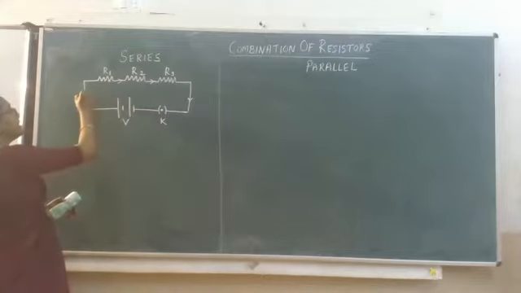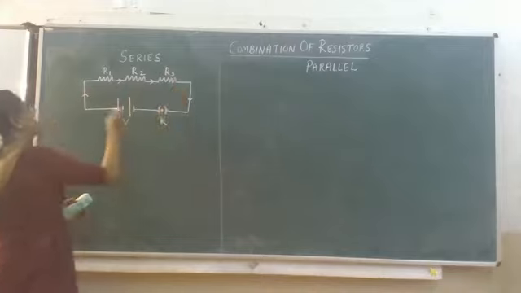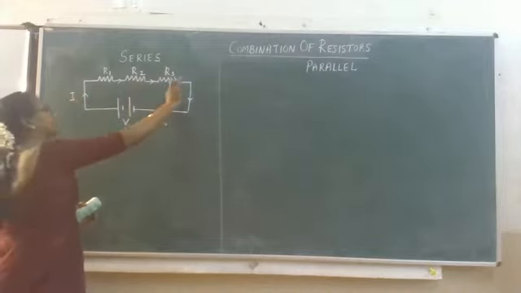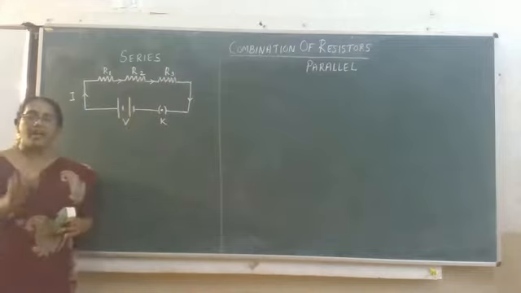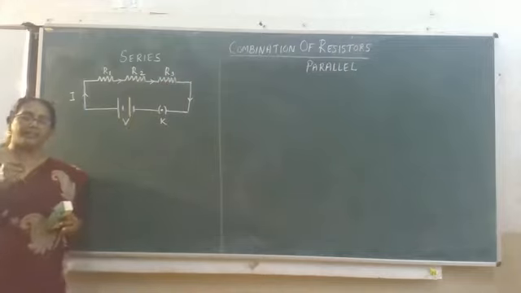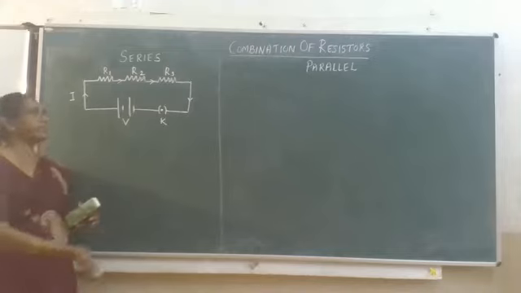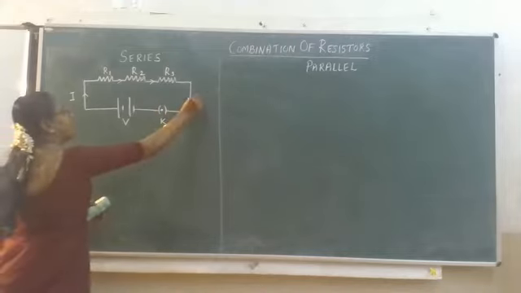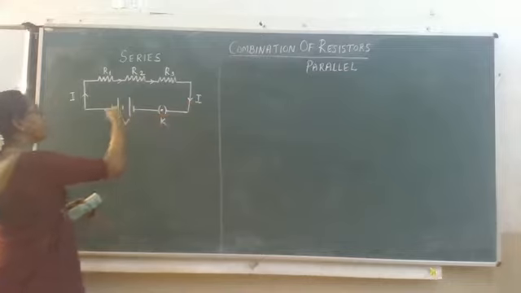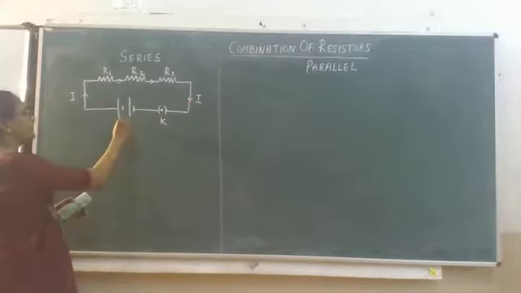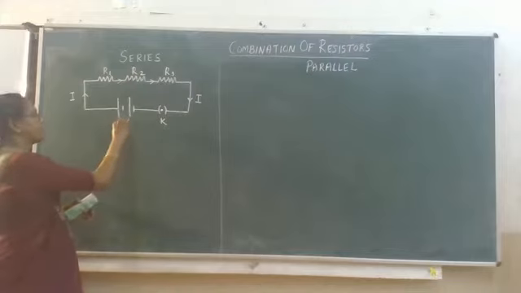When it is flowing like this, you can see that it is a straight flow. The current I will flow through the entire circuit. R1 will take the current I, R2 will also take the current I, and R3 will also take the same amount of current, and it will reach back to the negative terminal. But look at the value of V, how this potential difference is connected.